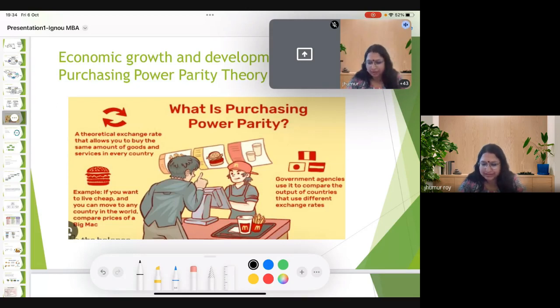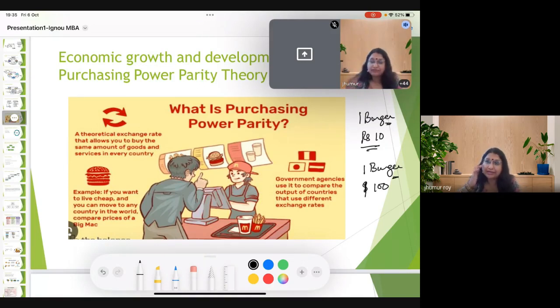So what we mean is, suppose in India you can buy one burger for rupees 10. Okay, and in your country, suppose you can buy one burger for maybe $100. So I will say this is much more expensive than my country, correct?